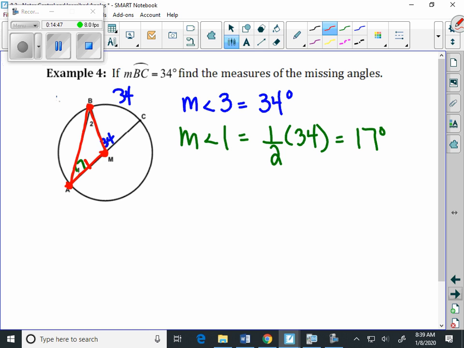So that means that this length is the same as that length. And we have an old rule to refresh our memory with, and it is that angles across from congruent sides are congruent. So we can also identify the measure of angle 2. And it is also 17 degrees.